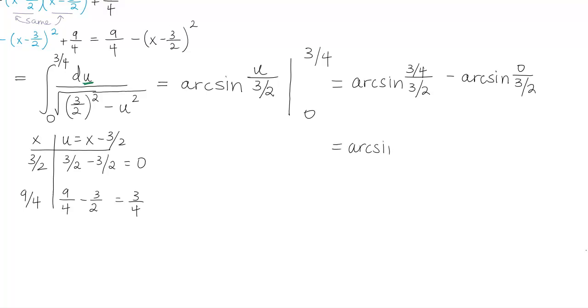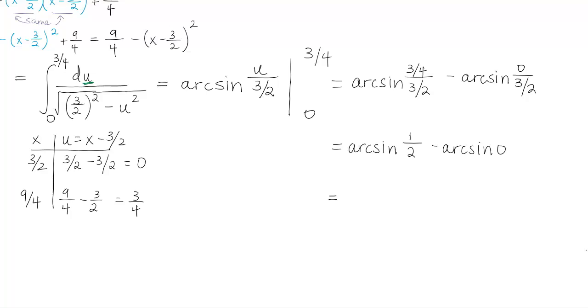So we have arc sine of 3/4 divided by 3/2 gives us 1/2. 0 divided by 3/2 is simply 0. So now we are back in 172, our trigonometry class, where we are evaluating inverse trig.